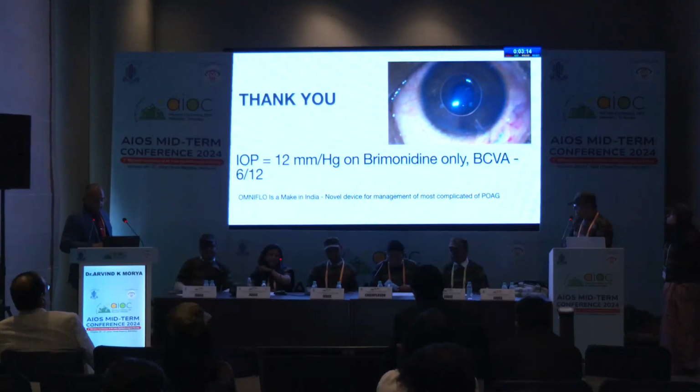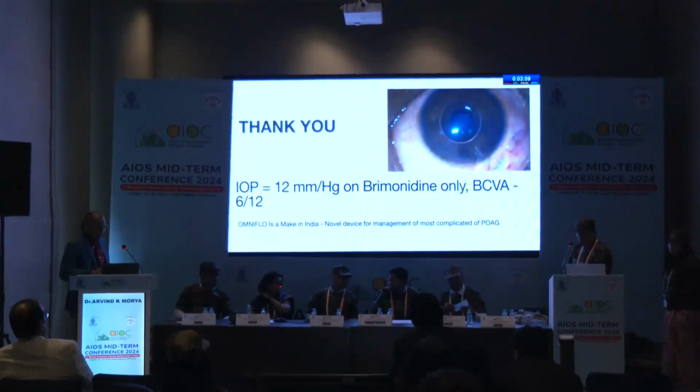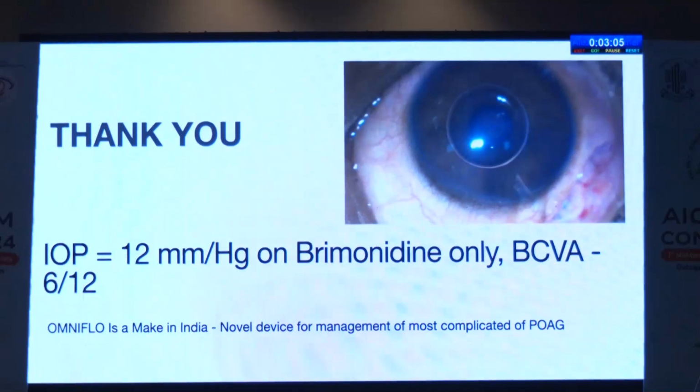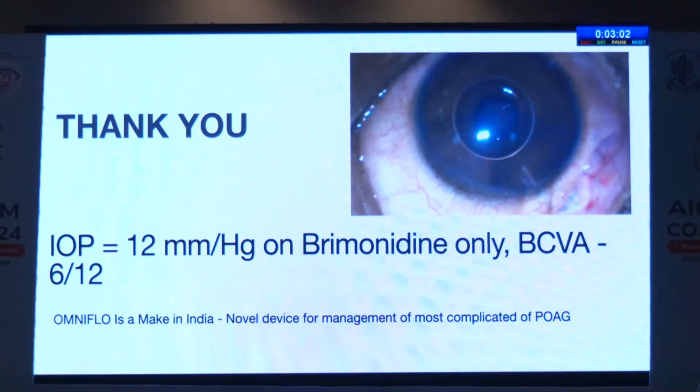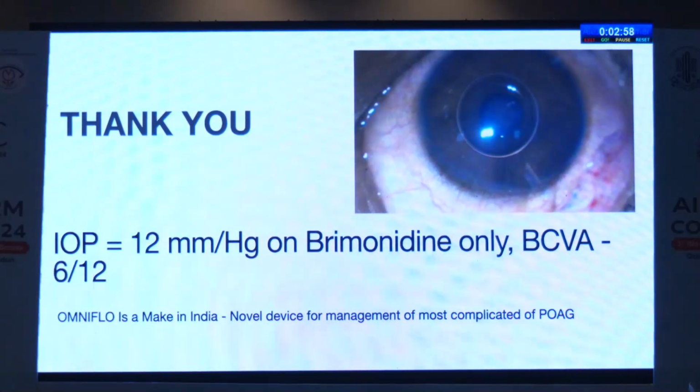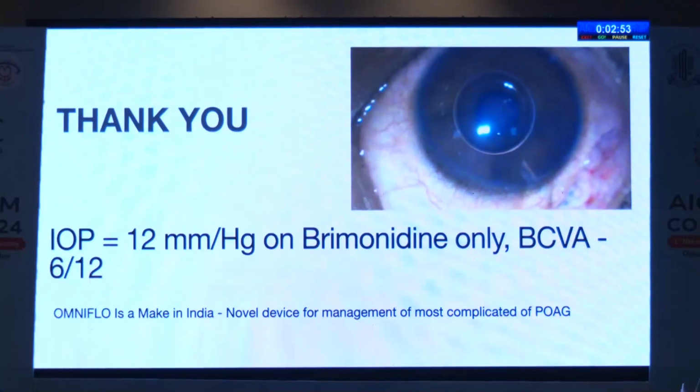Omniflow will revolutionize the management of all types of primary or secondary and intractable open-angle glaucoma, neovascular rubeotic glaucoma, silicone oil-induced angle recession, posterior embryotoxon, and glaucoma in Sturge-Weber syndrome in a most cost-effective manner, without trabeculectomy and use of mitomycin C. Thank you. So, there are no complications associated with trabeculectomy with this device, like choroidal effusion, detachment, and CME.